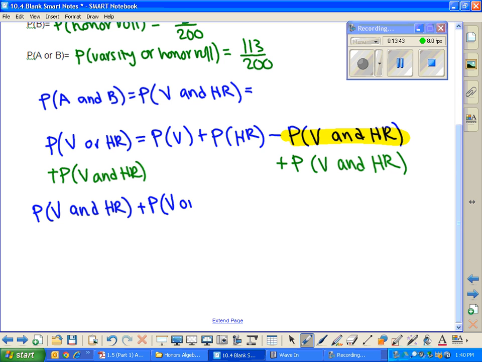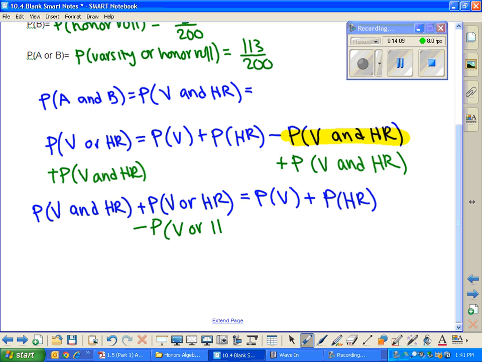Then after you add that probability of the varsity and the honor roll to both sides, you're going to want to subtract the probability of varsity or honor roll. Right, so I have to subtract this from both sides, Alex, still. I was just taking baby steps.